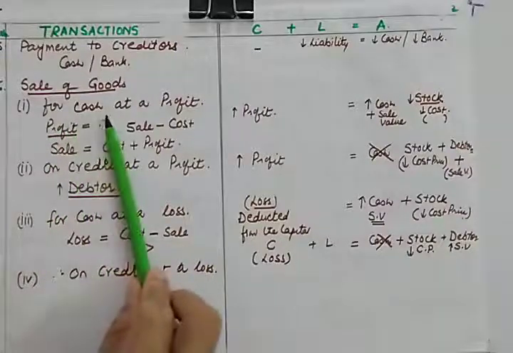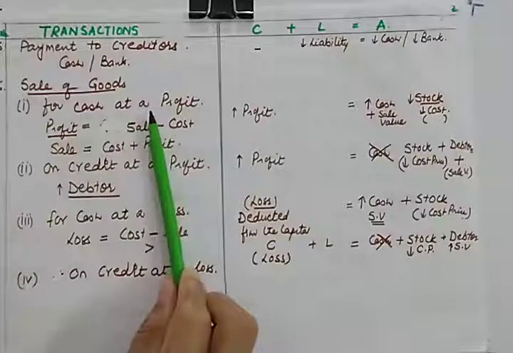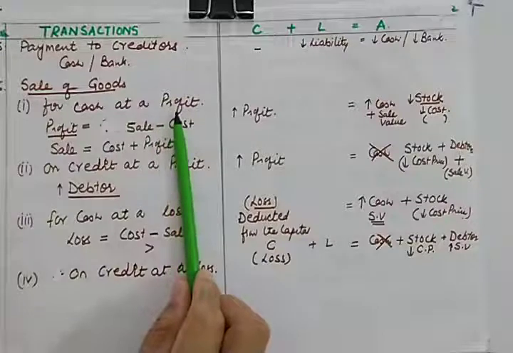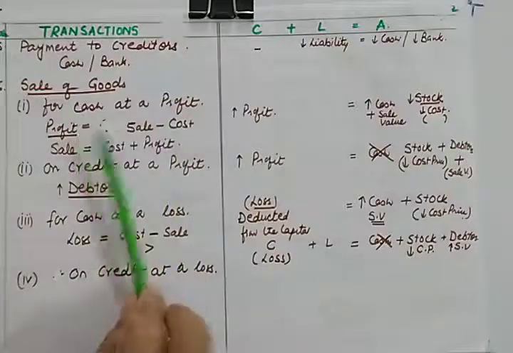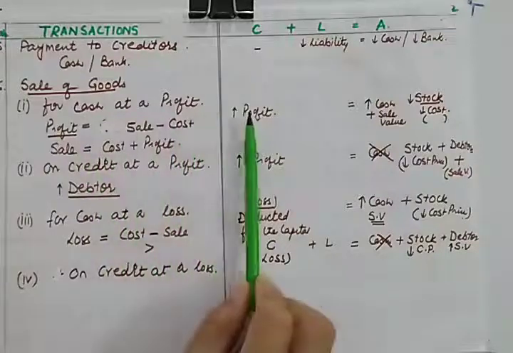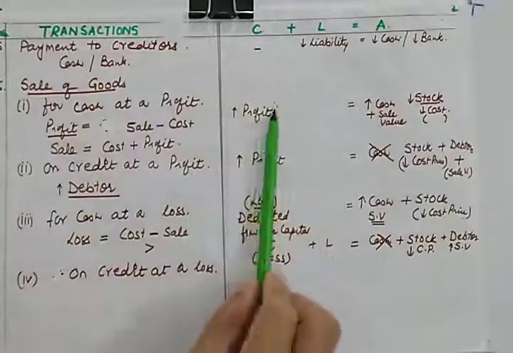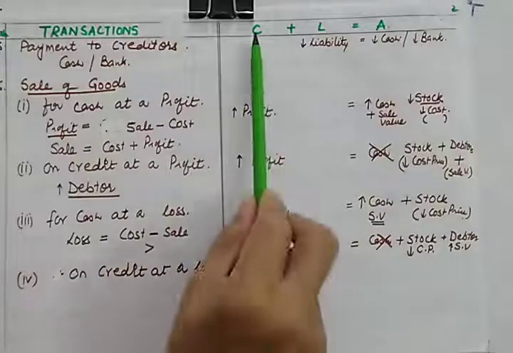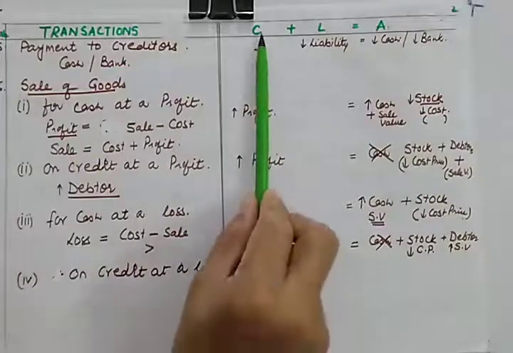If you are selling your goods for cash at a profit, so in this case the formula of profit is sale minus cost. So your capital will increase because of profit, because profit is added to the capital.